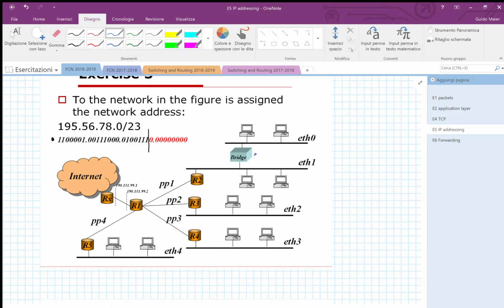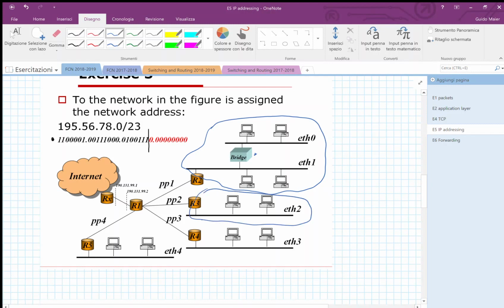Okay. So we have a first IP net, which is this one, a second IP net here, a third here, then another one here, and then we have 1, 2, 3, 4 IP nets to assign addresses in these point-to-point links.